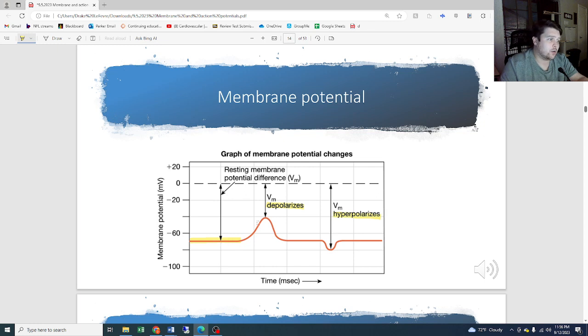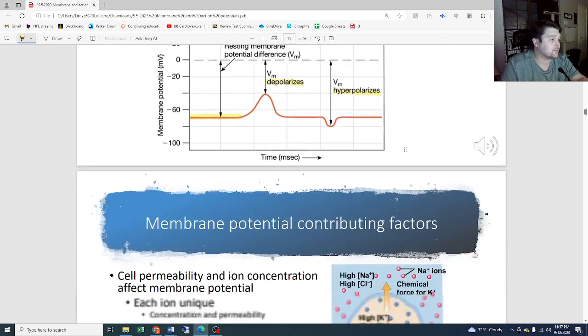If it starts to go more positive or less negative, we call that depolarizing. This cell is depolarizing. And if it goes more negative, that's called hyperpolarizing. We'll get into exactly why that's important in a little bit when we look at action potentials within these cells.